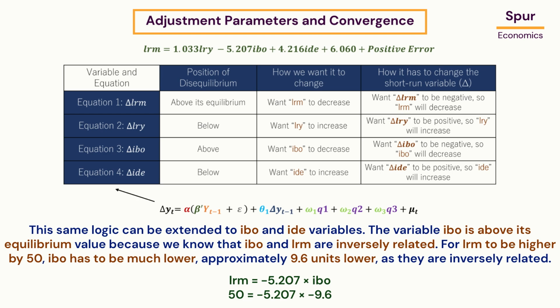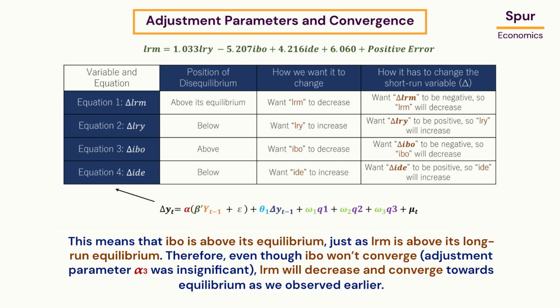This same logic can be extended to IBO and IDE variables. The variable IBO is above its equilibrium value because we know that IBO and LRM are inversely related. For LRM to be higher by 50, IBO has to be much lower, approximately 9.6 units lower, as they are inversely related. This means that IBO is above its equilibrium, just as LRM is above its long-run equilibrium.